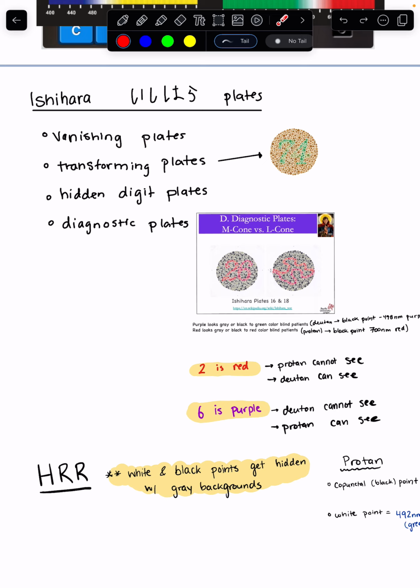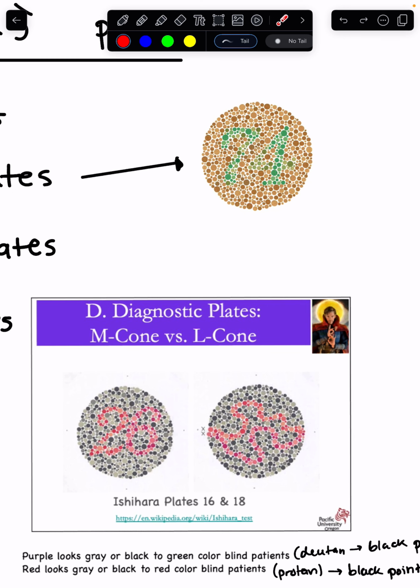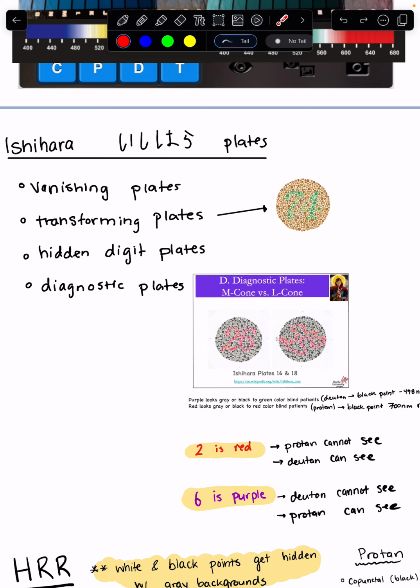You have transforming plates, where if you really look close here, this is supposed to be 74, right? But this 4, because it's got some different colors there in that green, it actually changes to a 1 for someone with a slight defect, red-green color blindness. Hidden plates, the idea with those is only someone that's color deficient will actually see a number.